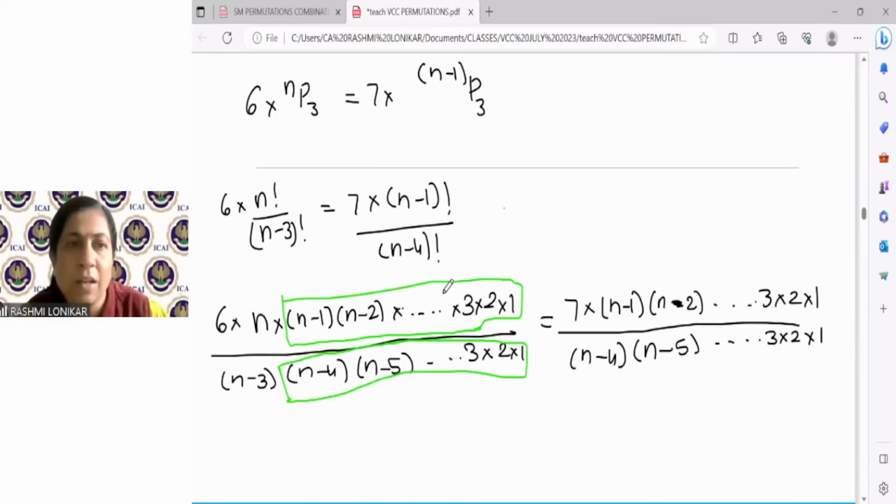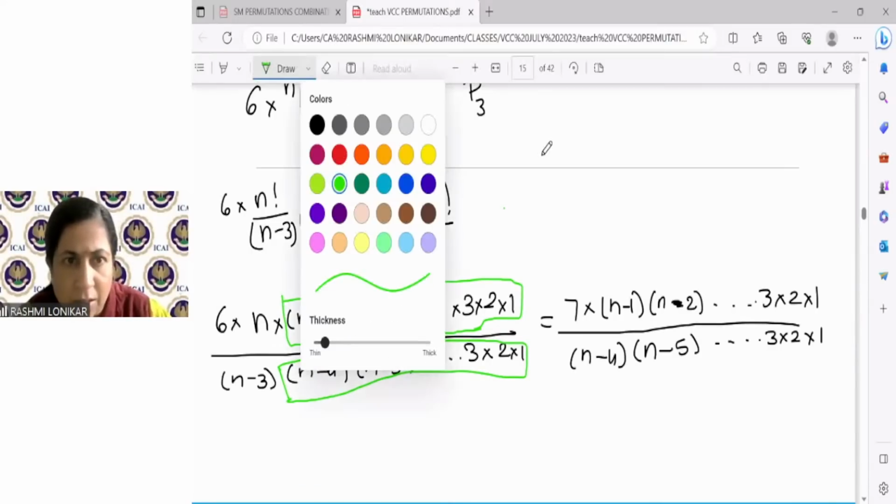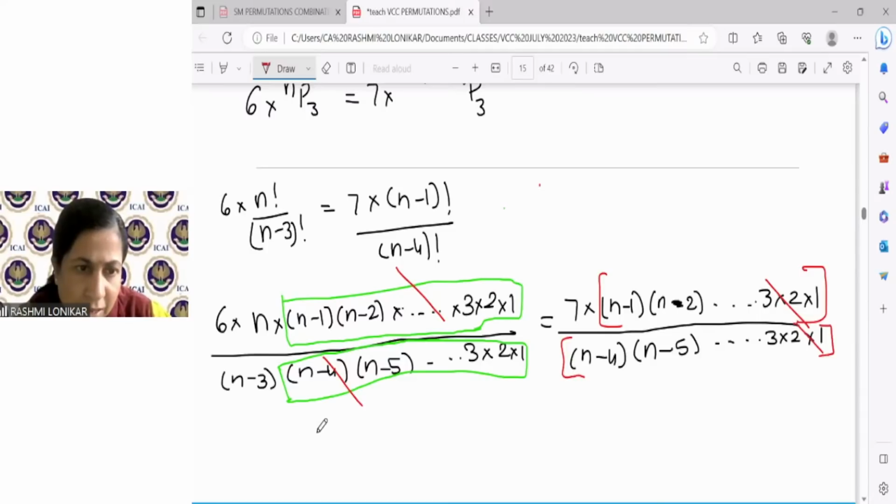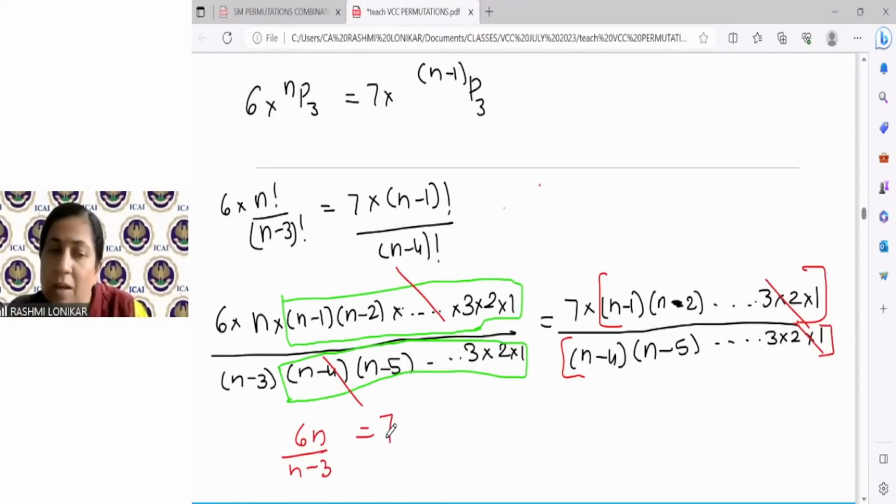I can cancel this. This is going to cancel with this, and this is going to cancel with this. So what am I left with here? 6n upon n minus 3 is equal to 7. Use either of the methods, you will get the same answer. N is going to come to 21.